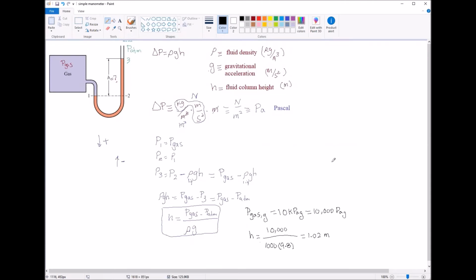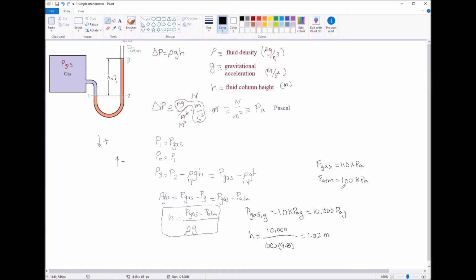So the second possibility is that gas pressure is given as absolute pressure. Let's say in this case 110 kilopascals absolute. And atmospheric pressure, we assume for simplicity is equal to 100 kilopascals.